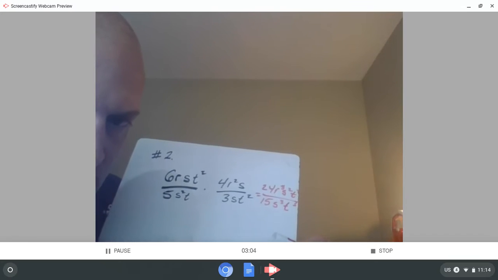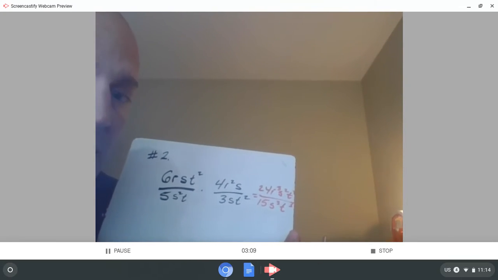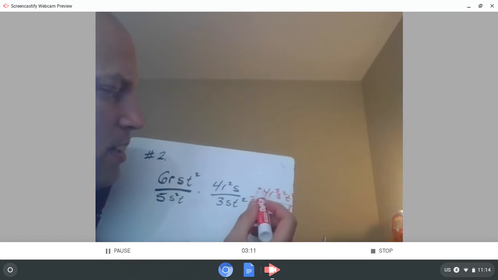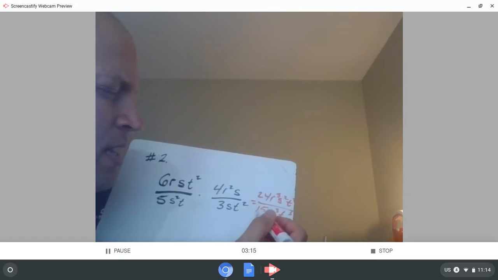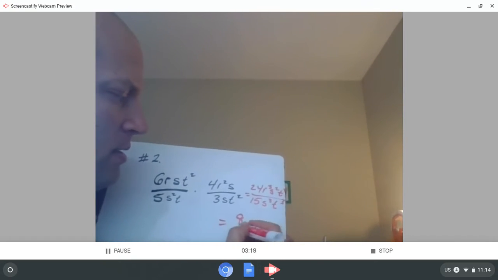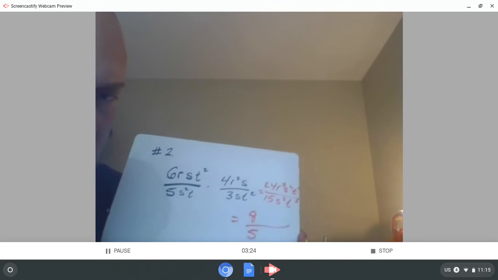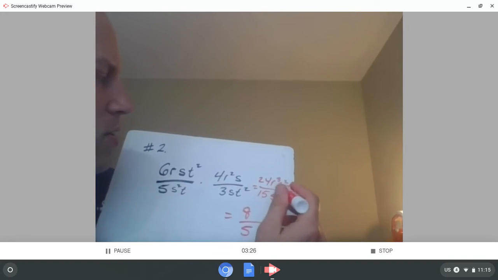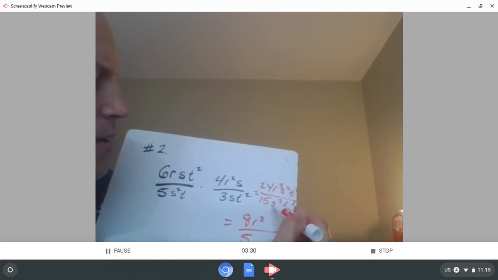Now that I've multiplied across, now I just reduce. The bad thing is you're dealing with bigger numbers, but that's okay. 24 and 15, we see what they have in common. A 3. We can reduce by 3. 24 divided by 3 is 8. 15 divided by 3 is 5. So we get 8/5. And we go through r cubed. There's only an r cubed on top, so I leave it on top. S squared, s to the third.